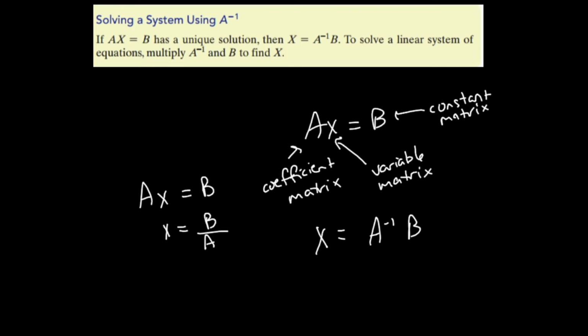So I want to look at this system of equations, and let's identify the coefficient matrix. This is already in the proper form where my x's are lined up, my y's are lined up, my z's are lined up, my equal sign, and then my constants.